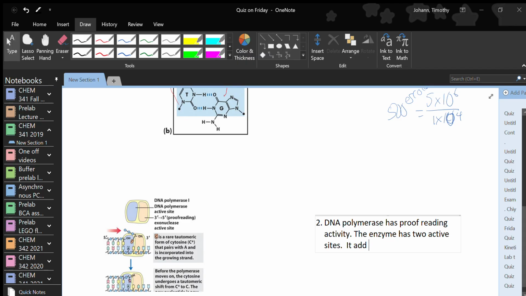It adds a nucleotide, then it backs up into the second active site that checks the nucleotide.